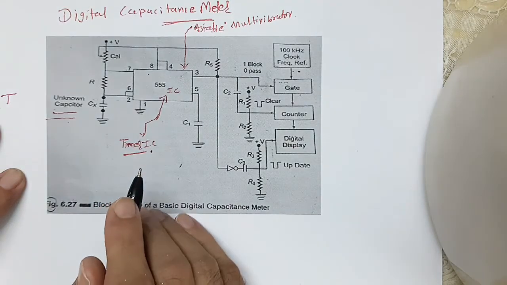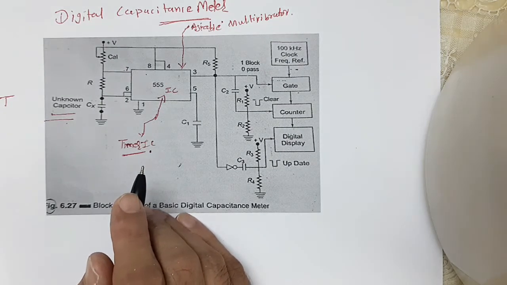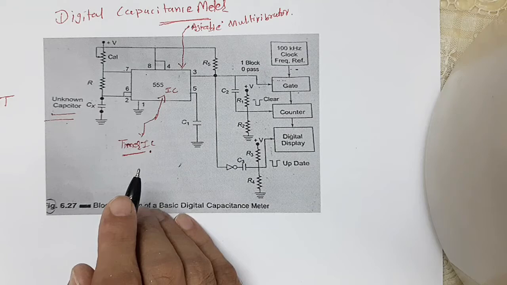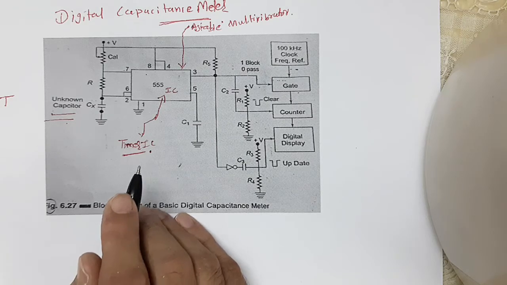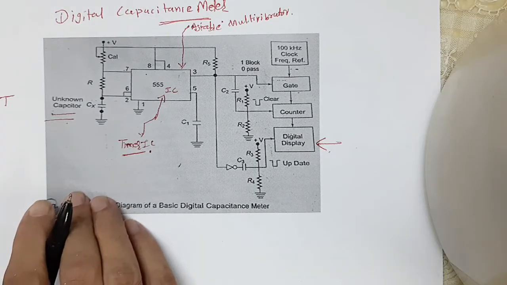At the peak of the charging curve, a digital counter is reset and a clock of 100 kHz pulses is turned on and routed to the counter. When the discharge portion of the cycle is completed, the display is updated and the value of the capacitor is read out. Here we can see the value of the capacitor is read out.